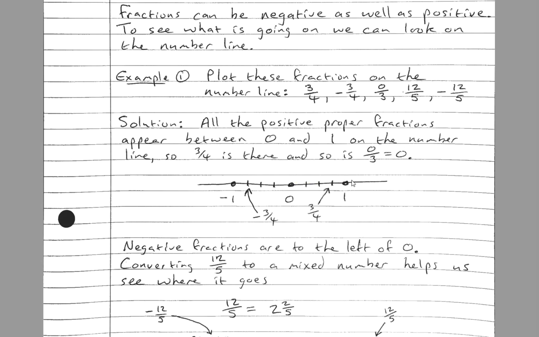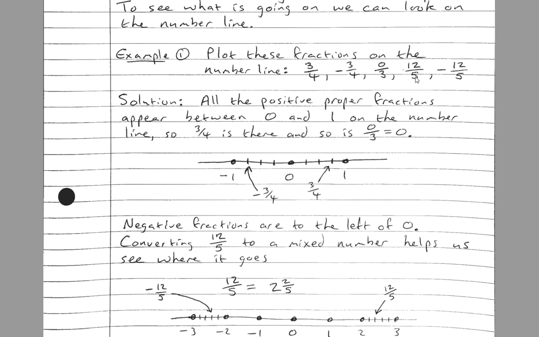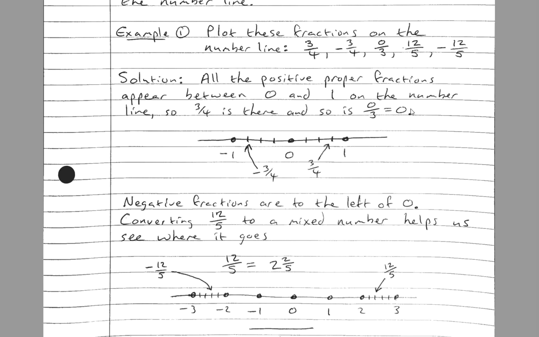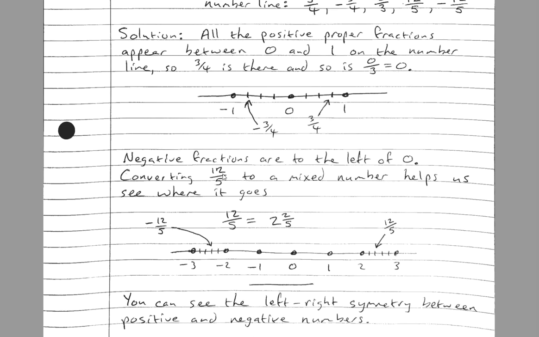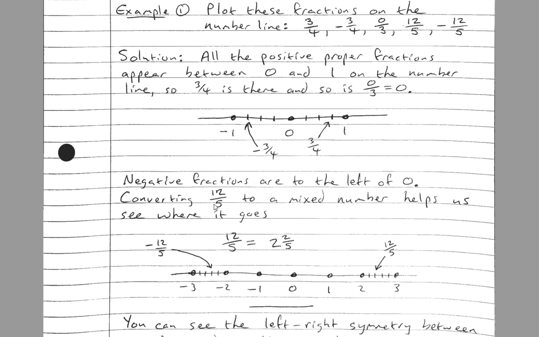But fractions can be improper. They can be 1 or more. And so 12/5, that's improper. The top is bigger than the bottom. So where does 12/5 go on the number line? To see where it is, it's useful to convert it to a mixed number. 5 goes into 12 2 times.